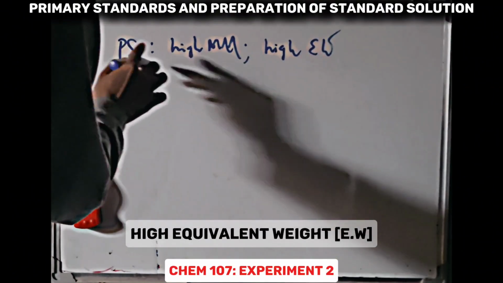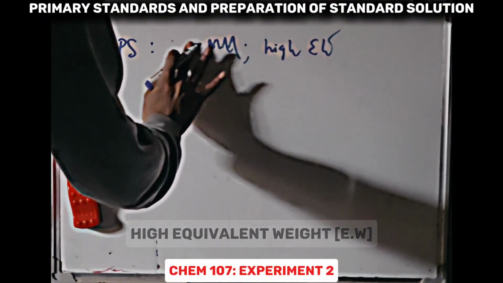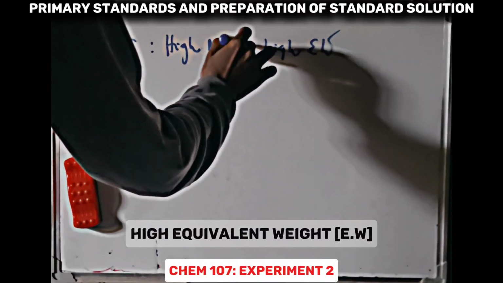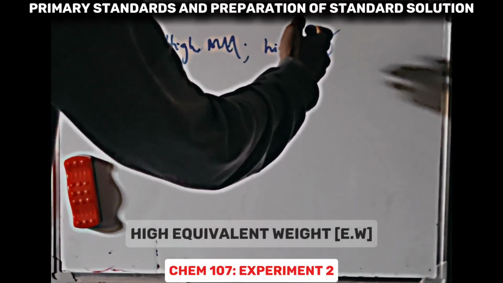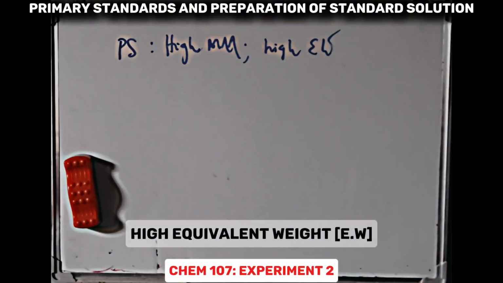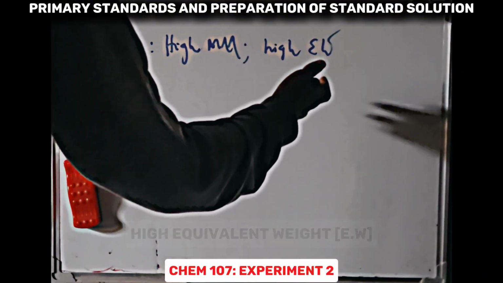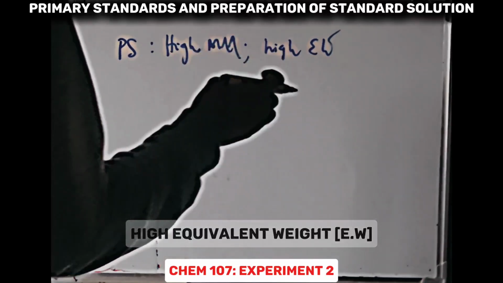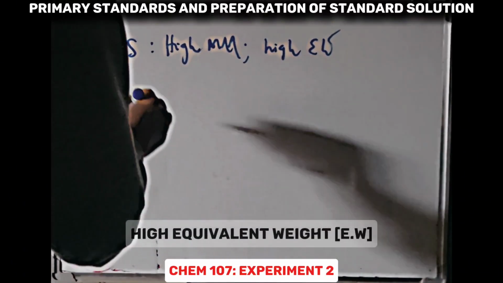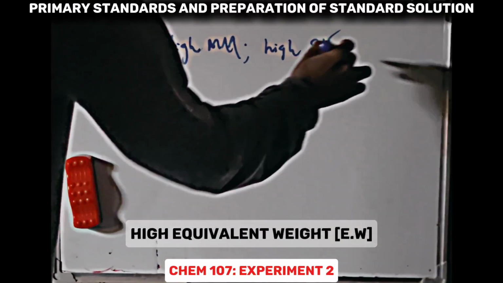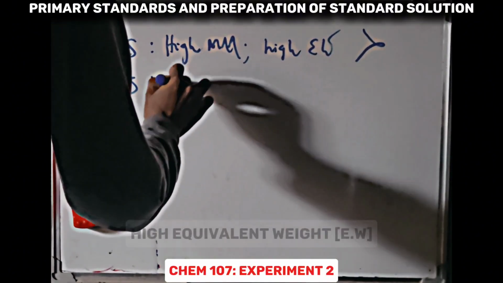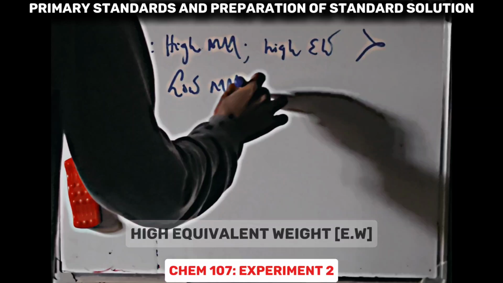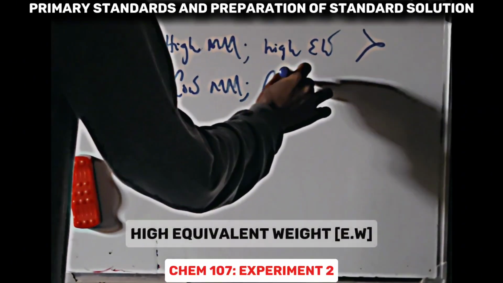A primary standard with high molecular mass will give us a high equivalent weight, and this high equivalent weight will help us to weigh accurately on a balance with reduced error, compared to a primary standard with a low molecular mass, which implies low equivalent weight.